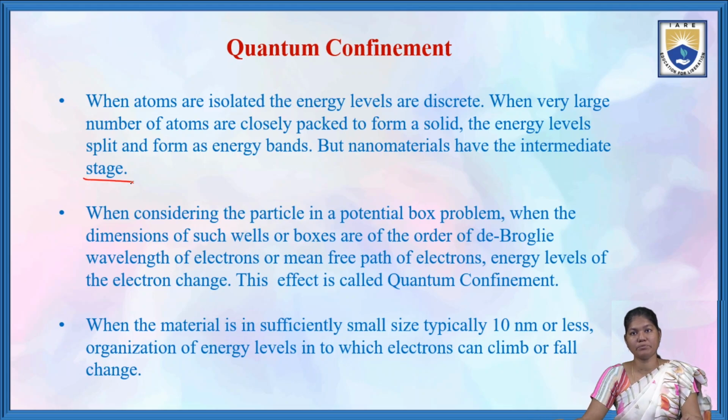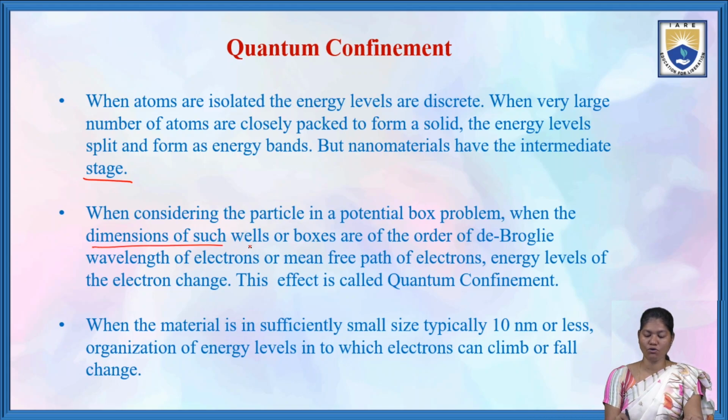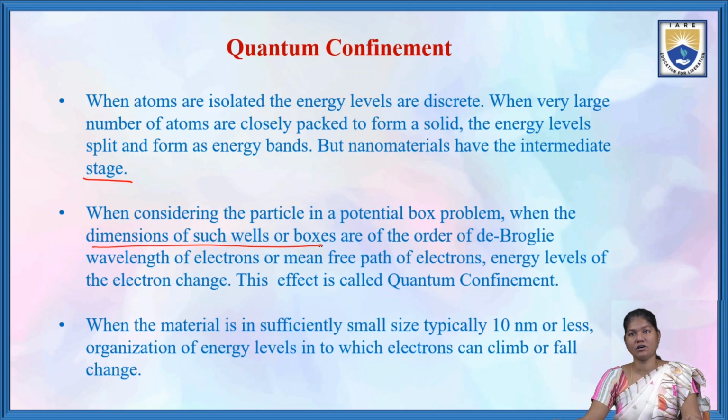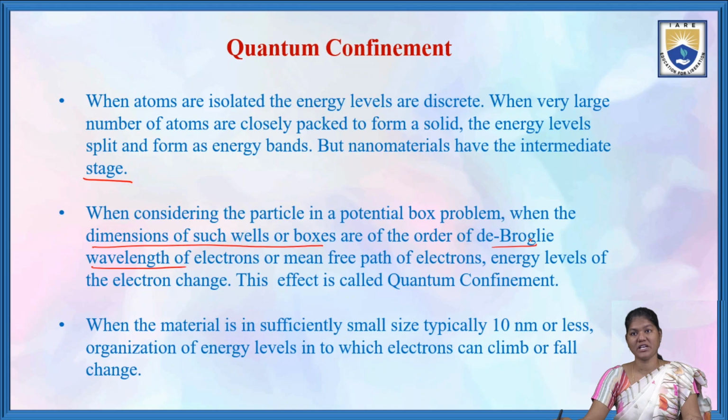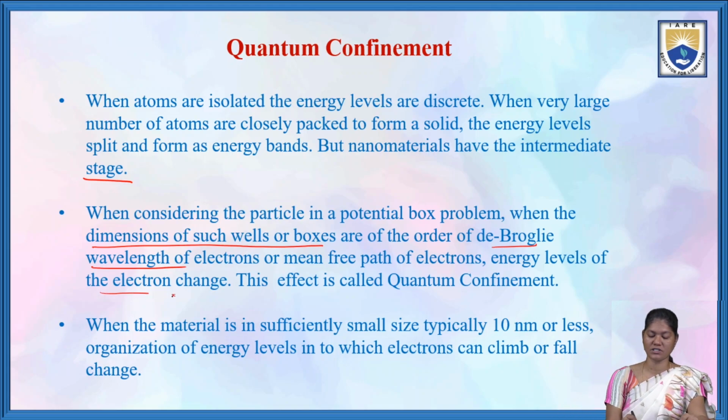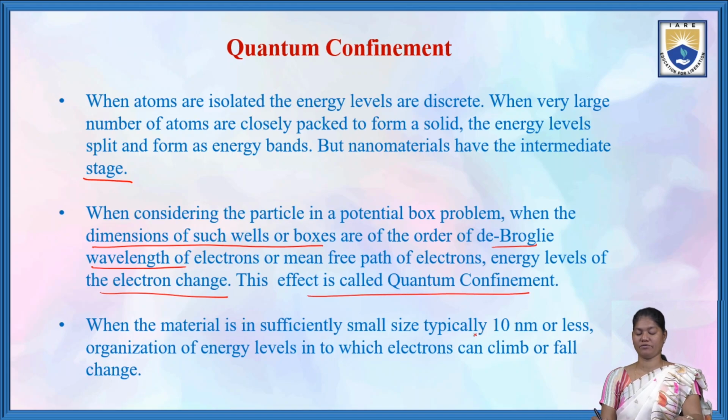When considering particles in a potential box problem, when the dimensions of such walls or boxes are of the order of the de Broglie wavelength of electrons or the mean free path of electrons, the energy levels of the electrons change. This effect is called quantum confinement.